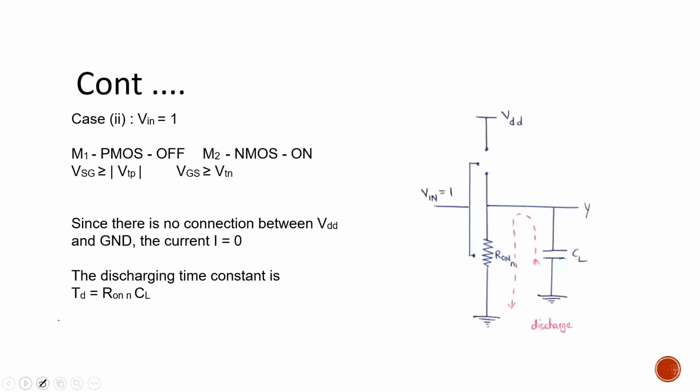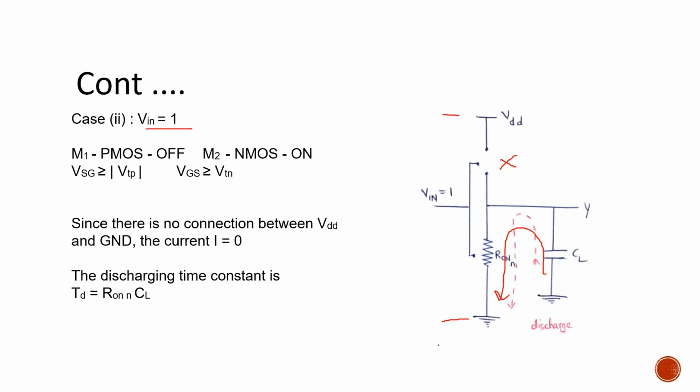Similarly, you take V in as logic 1. Here also, whatever charge the capacitor had in the previous case, it is going to be discharged through R on N. What about PMOS? This is off. In this case, is there any connection between rail to rail?